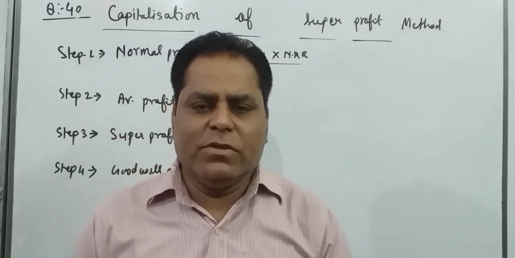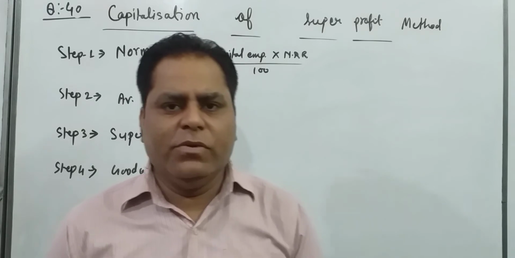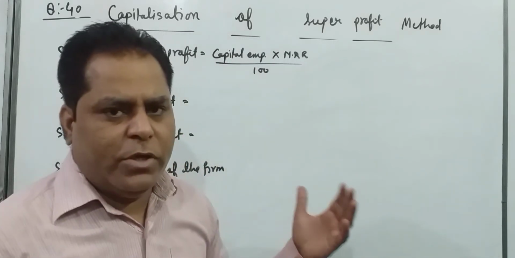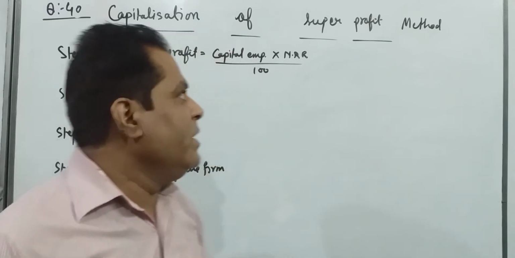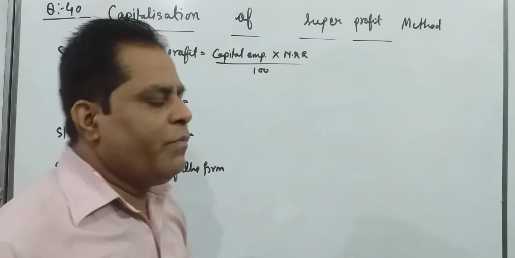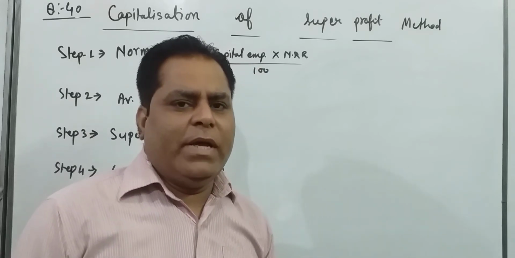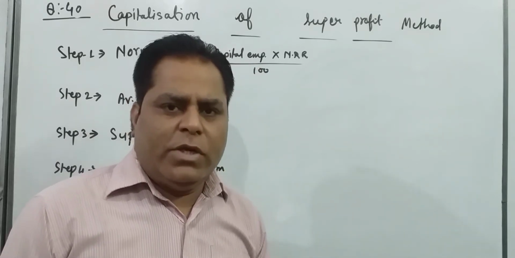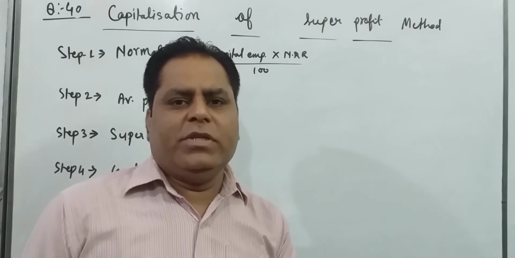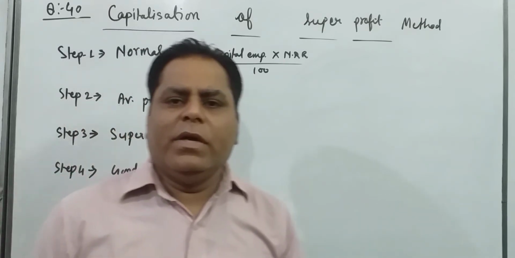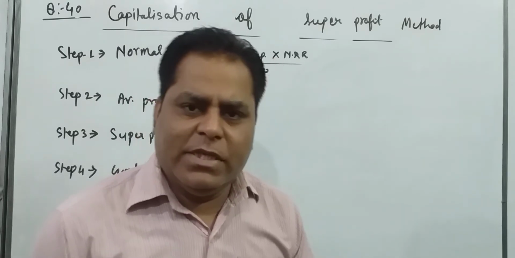As we have discussed already in my previous video, to determine goodwill, capital employed is very important under the capitalization of profit method. And if capital employed is not given, you can apply a formula to determine it. There are two approaches to determine capital employed. Number one is the assets approach and number two is the liabilities approach.